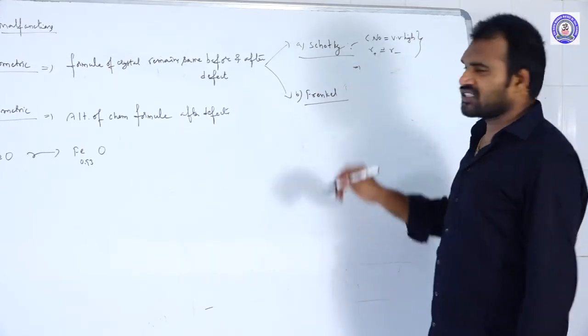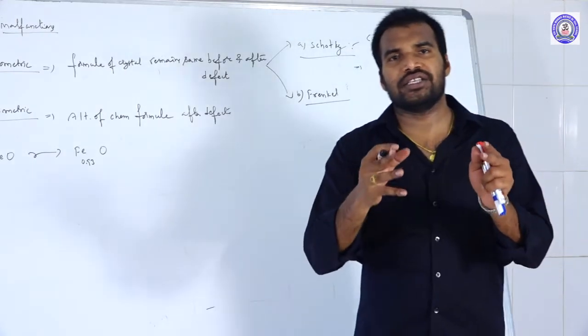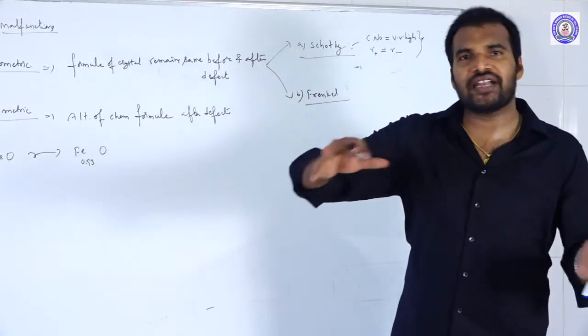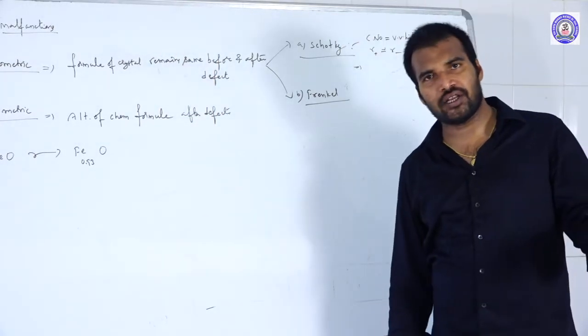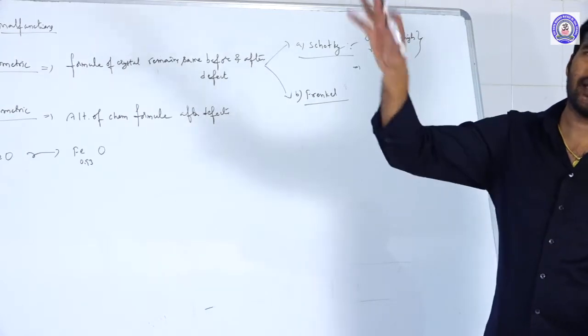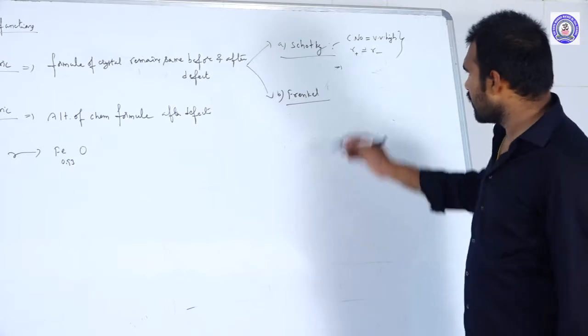And what are Schottky defects? They are defects where an equal number of both cations and anions are missing. Equal number, not unequal. Suppose 2 cations are missing, automatically 2 anions also go missing. So after the defect the formula remains the same. Those defects we call Schottky defects.